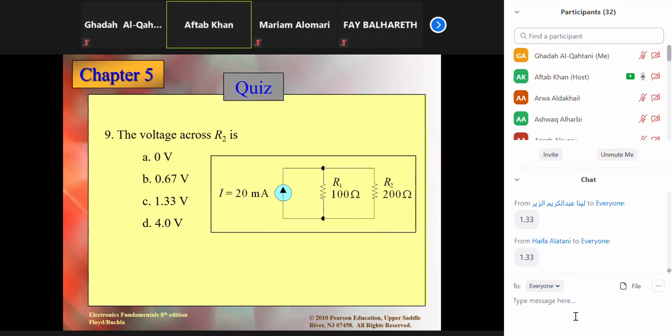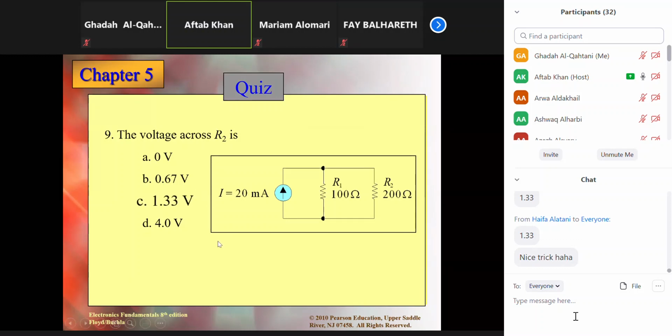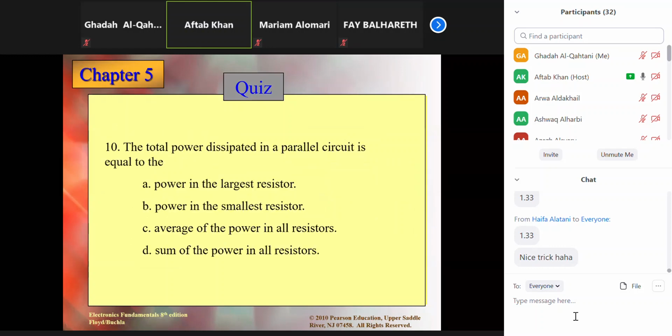Yeah, it's going to be the same, 1.33. They are in parallel, that's why. Good. All right. As long as you are enjoying, I am enjoying my course. Feel free. We should not have pressure like, oh, electronics. So yeah, it's good.